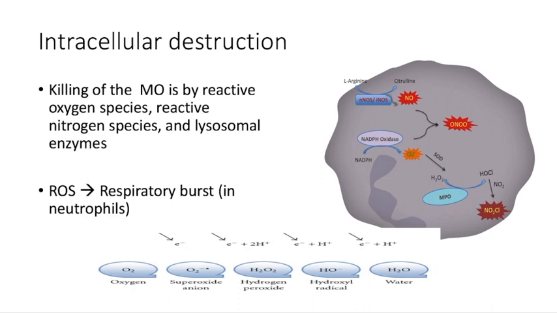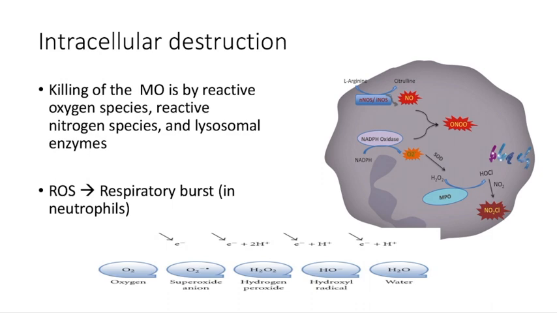Hydrogen peroxide is not able to sufficiently kill microbes by itself. However, we have some other enzymes that are involved. That is this myeloperoxidase, and that converts it to hypochlorite, which is the active ingredient in bleach, which is a very potent antimicrobial agent and destroys the microbe by halogenation.